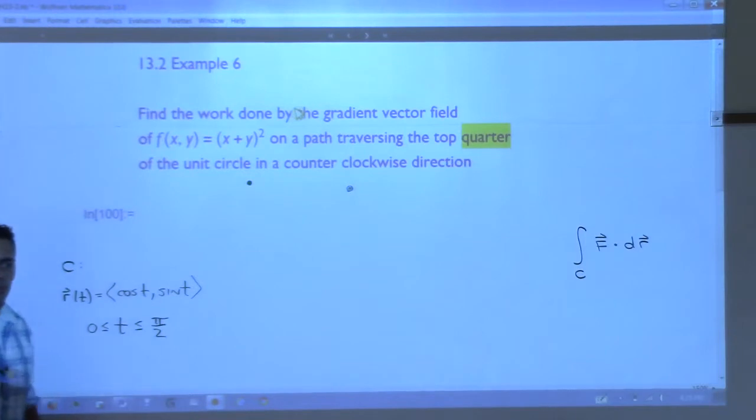Everyone agree? That'll draw me that piece right there. Unit circle, basically the first quarter of it, top quarter. I didn't say which quadrant. I should have specified, but yeah, we'll go with this. Okay, everyone happy with r of t?